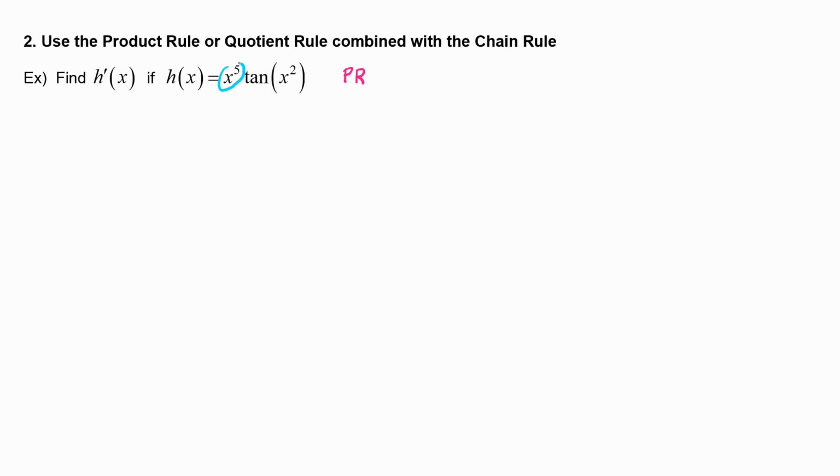We can say that f is going to be x to the 5th, and tangent of x squared is g. Now, tangent of x squared is a composite function. So g is a composite function.